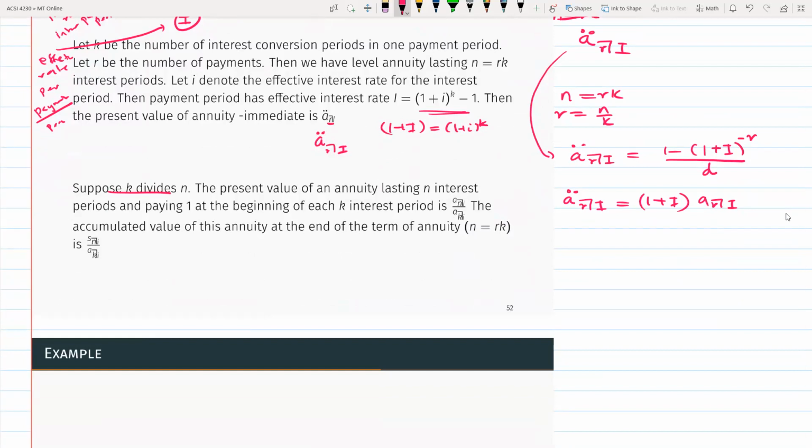I can write that formula. Then 1 plus i is what? 1 plus i is basically 1 plus the simple i to the k. a r i, we just proved, is going to be a n i over s k i. So instead of 1 plus i to the k, I can write it as 1 over 1 plus i to the negative k.